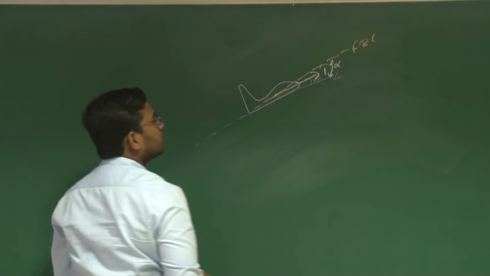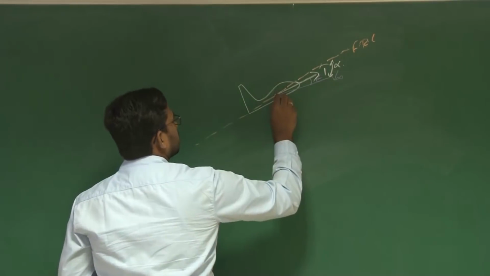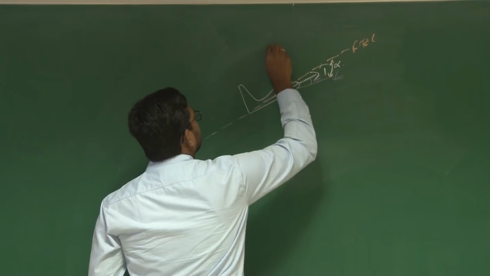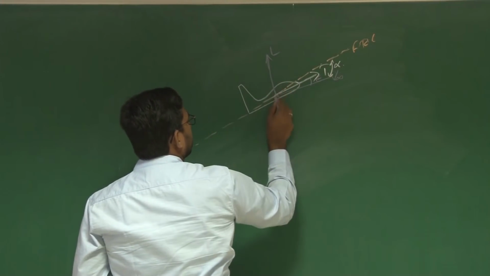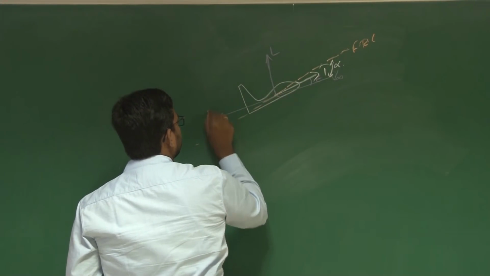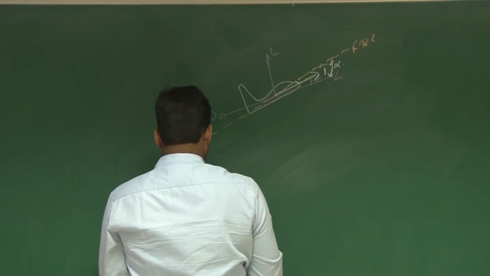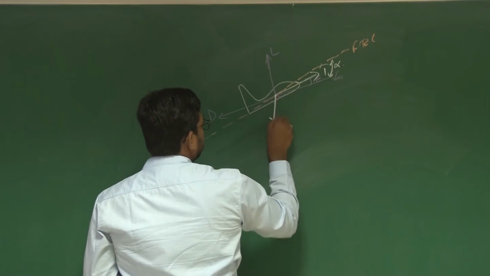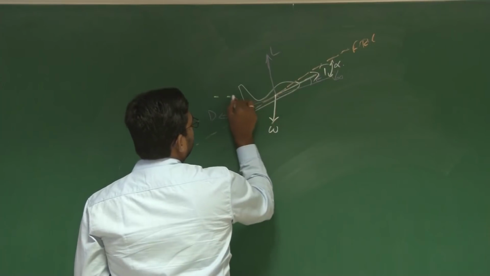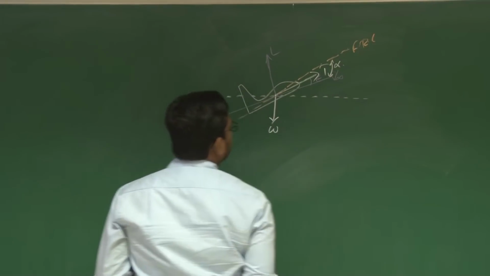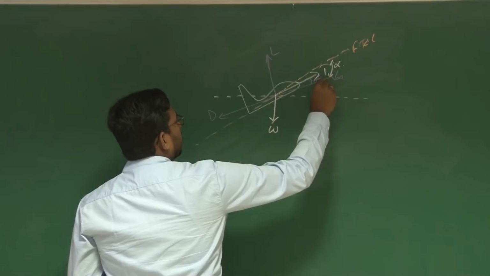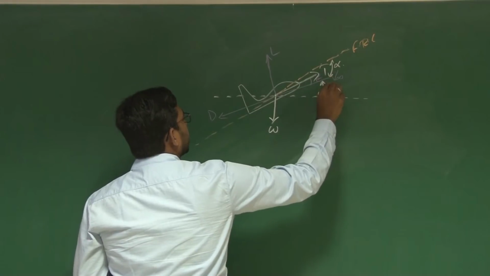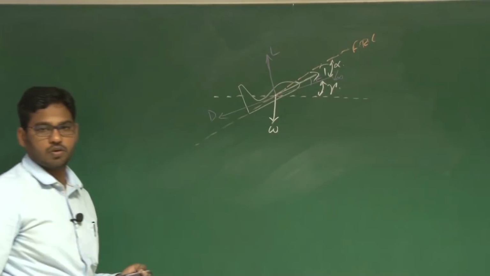When we move this UAV at a particular velocity, we have lift acting perpendicular to it and drag acting along this V infinity, right. The weight of the system acts perpendicular to the local horizontal. This flight is moving at an angle gamma with respect to the local horizontal.